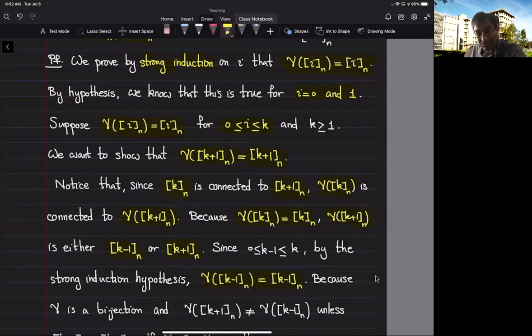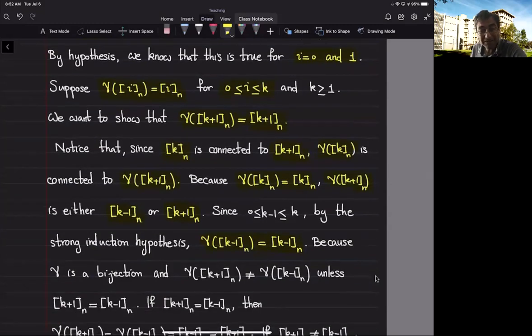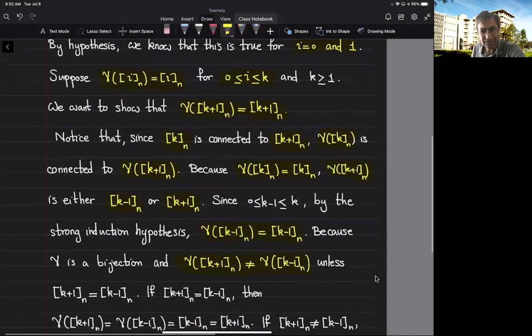Gamma is a bijection. So no other vertex is allowed to go to k minus 1. In particular, gamma of k plus 1 is not allowed to be k minus 1, unless k plus 1 is k minus 1. In that case, n is 2, and then it's fine, and so on.